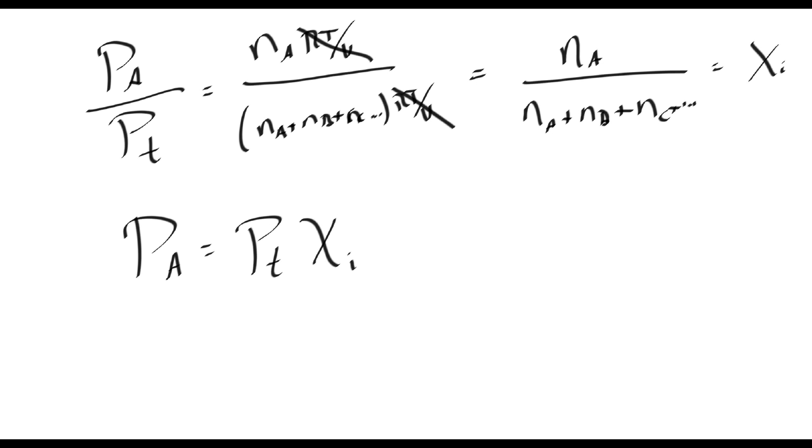A lot of times it's important to keep partial pressures in mind, even though you can't directly measure the partial pressure of any individual gas. You can easily measure the total pressure of all the gases inside of a system, but you can't separate out the individual pressures.